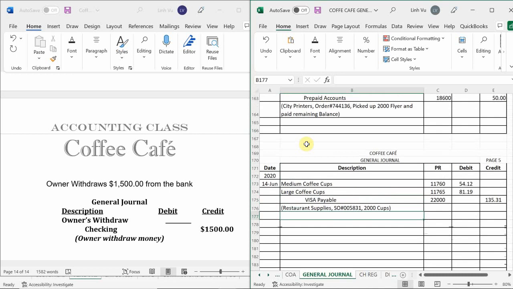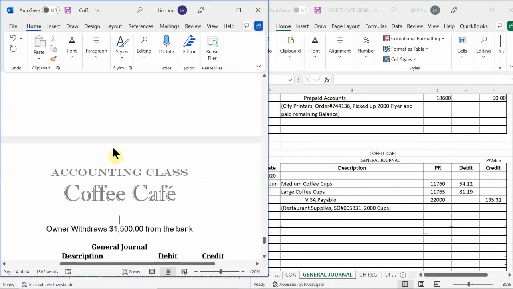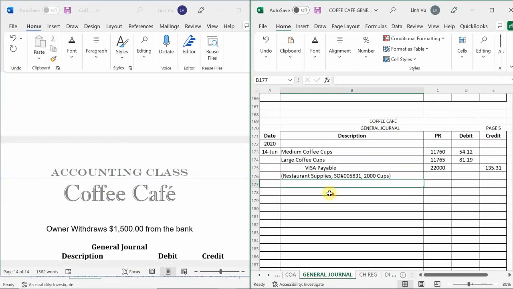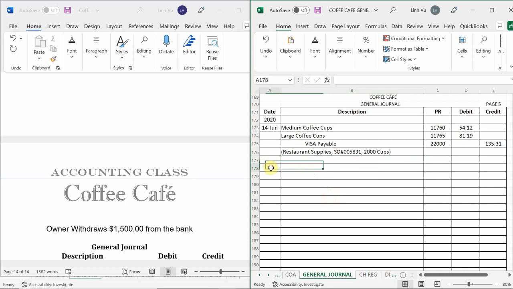How would you record that the owner is going to withdraw from the company and take money out? We are taking $1,500 out of checking. Oh, under owner's equity. And then owner's equity is a contra account. So it's debit.